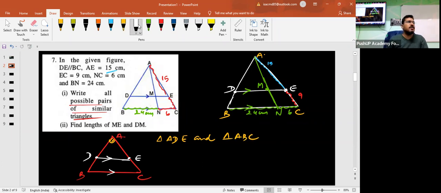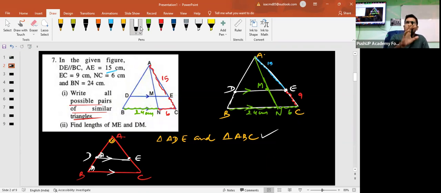Don't you feel angle A is common in both? Yes. Since DE and BC are parallel to each other, these 2 angles are corresponding angles, isn't it? If you remember, if 2 parallel lines are given to you, and if you draw a transversal across, then these 2 corresponding angles will be equal, right? So yes, these 2 triangles are similar to each other.